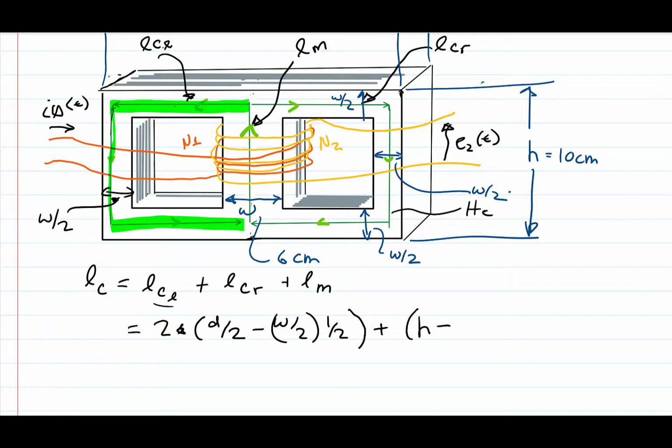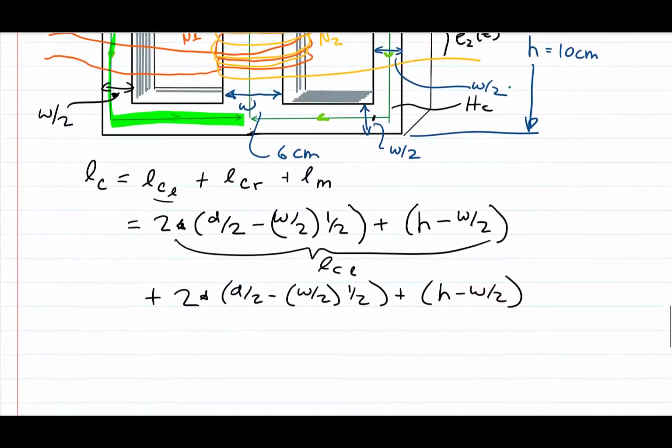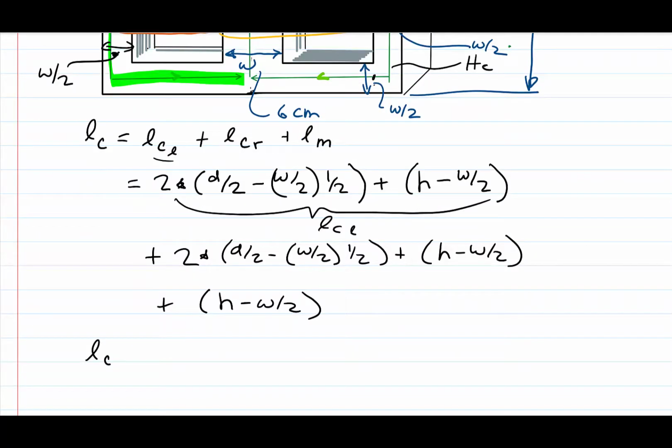H minus, we have W over 2 on the top, W over 2 on the bottom, but we're going halfway in the middle, W over 4 and W over 4. That becomes W over 2 total. Okay, so that is L_C left, identically the same on the other side. And now the middle is simply the height. And everything will simplify down to this.